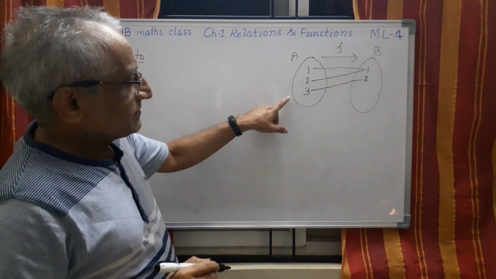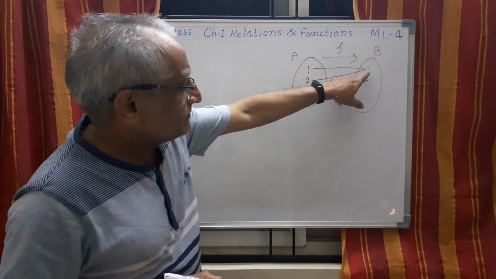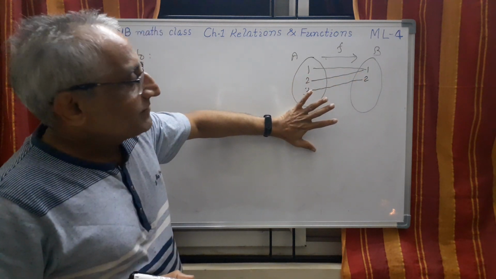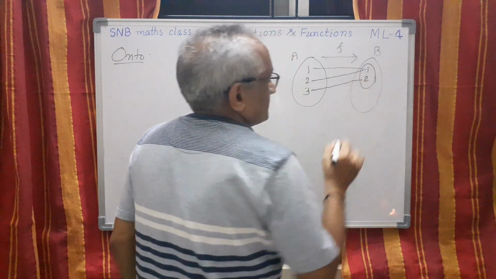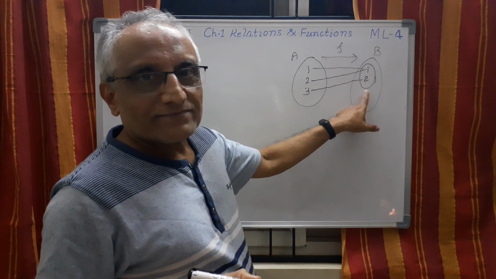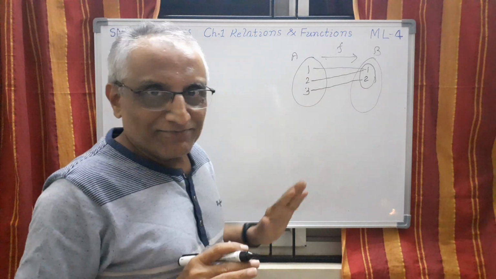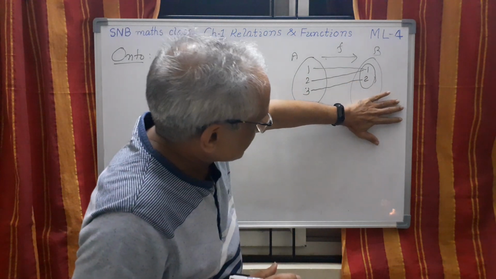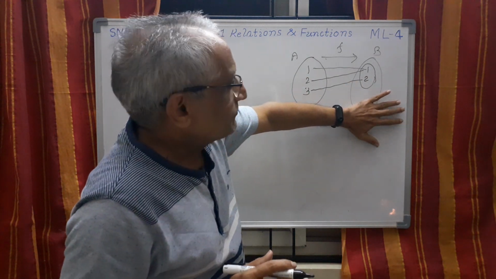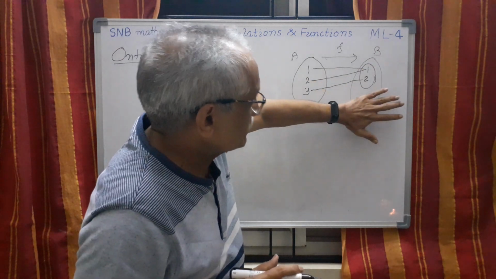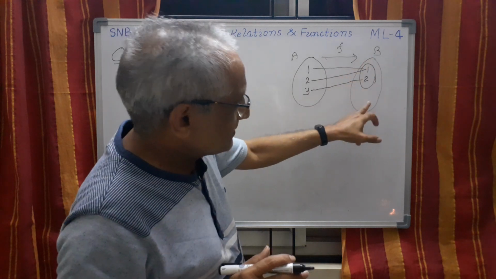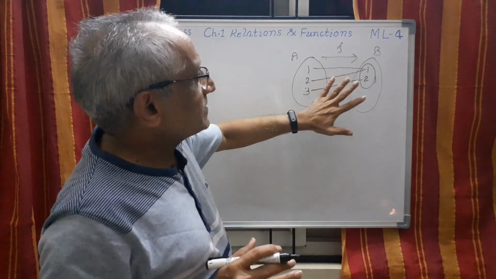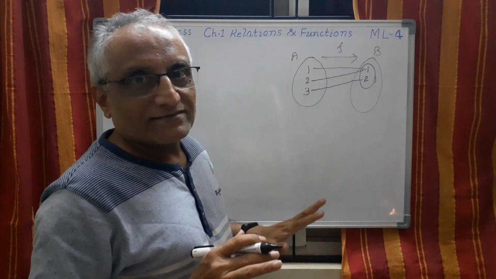Still it is a function. Of course, here 1 and 2 are going to the same, but it is a function. But here you see, all the elements are images. That is onto. That means, if in the second set, that is the codomain, no element is left without being an image, or in other words, all the elements here are images, it is called onto function. That's all.